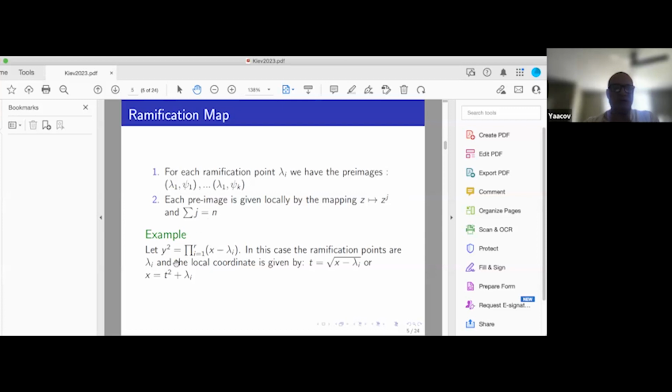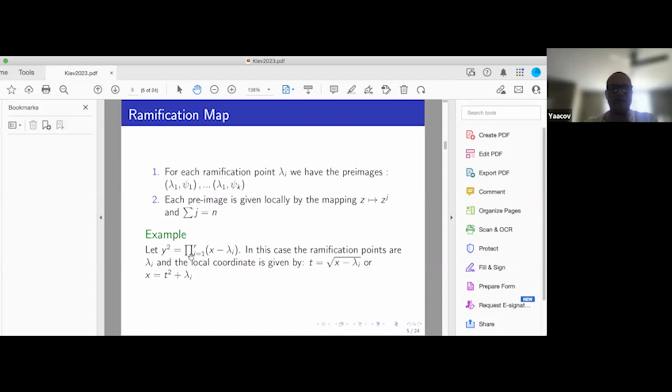Now, let's take the simplest example possible. Let's look at y squared equals the product of (x minus lambda_i), i going from 1 to r. r is usually even. In this case, the ramification points are the lambda_i, because if I have some x which is not a lambda_i, then x minus lambda_i is going to be non-zero, and then I have two square roots here, plus y and minus y for a complex number.